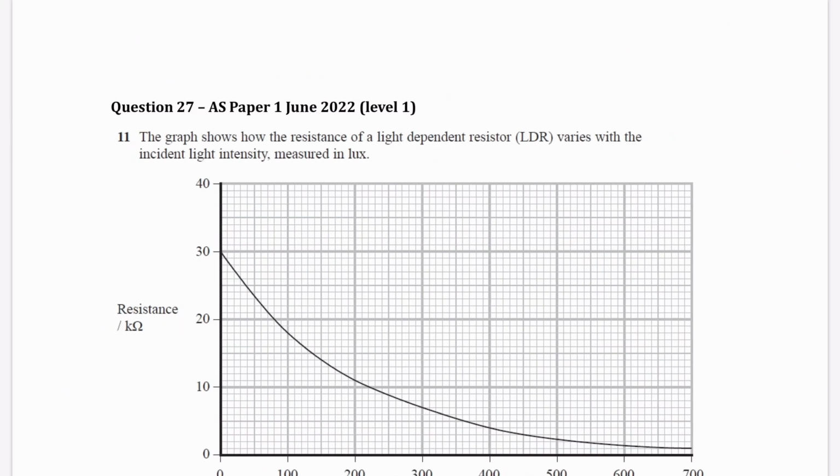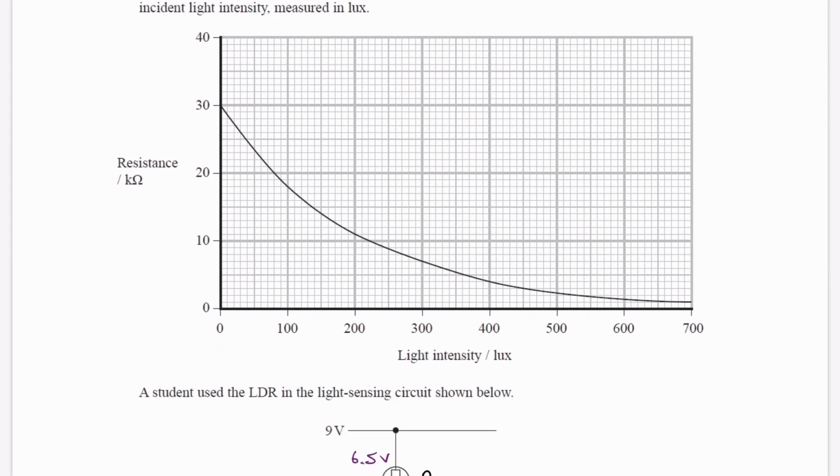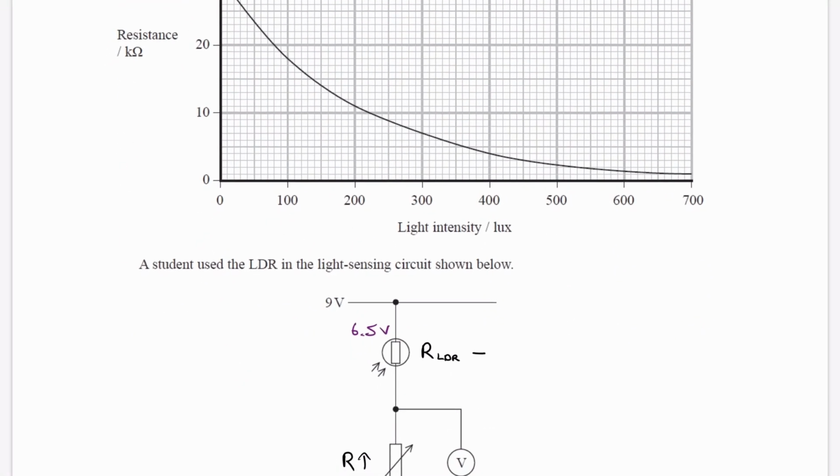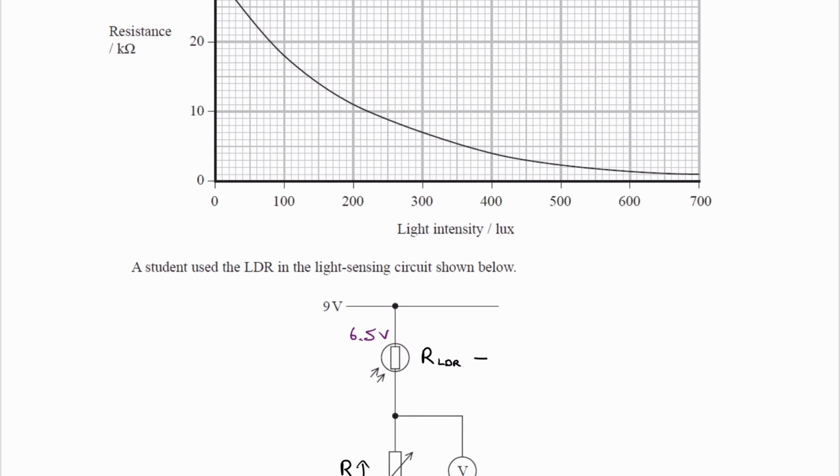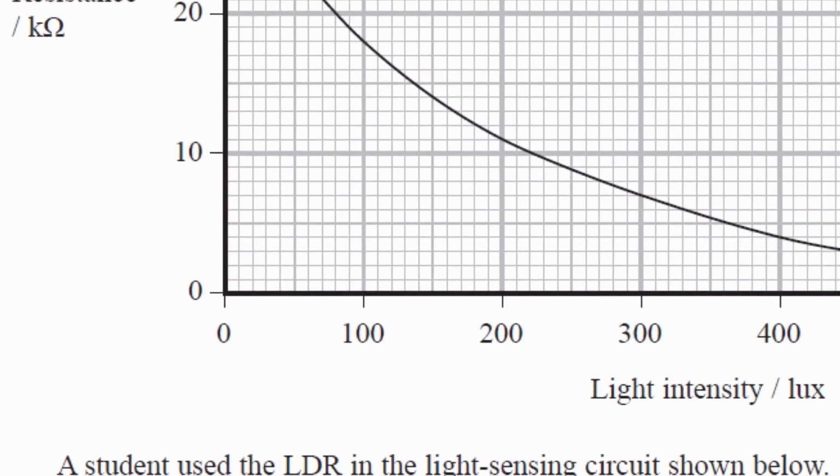We can then look back at the graph and read off that value of resistance to get the light intensity. If I zoom in, 11.7 is about here somewhere. We go across, and we get to about there. That's kind of halfway in between these 2 lines.